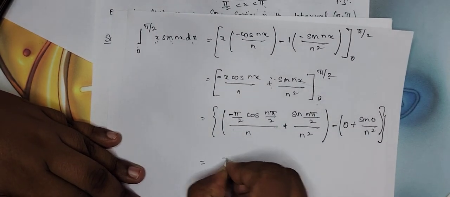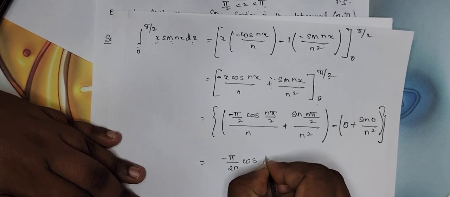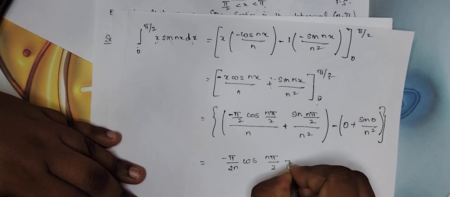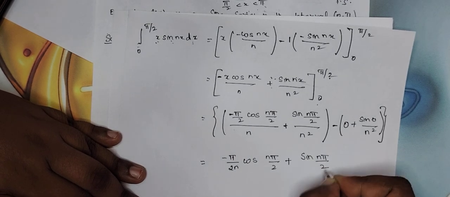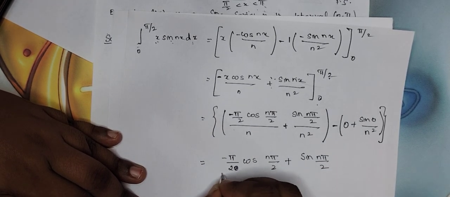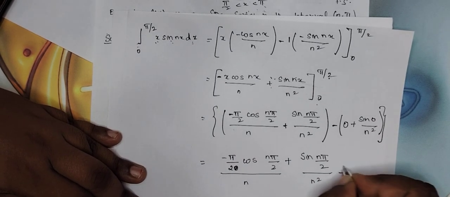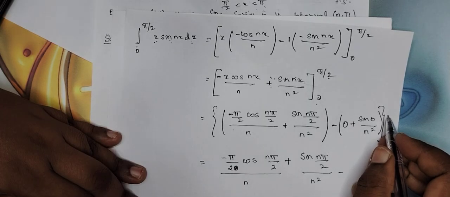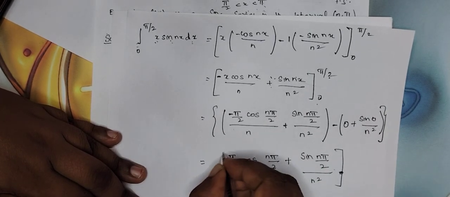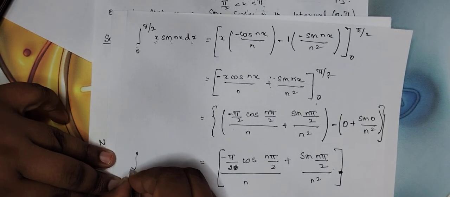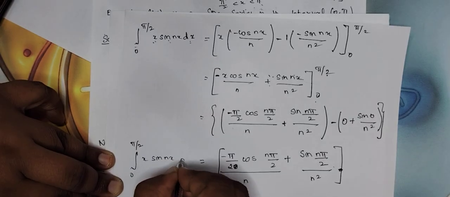This equals minus pi by 2n cos n pi by 2 plus sin n pi by 2, the whole divided by n square, minus 0. Sin 0 is 0, so the next term becomes zero. Okay, so this is the term remaining. This is my integral from 0 to pi by 2 of x sin nx dx value.